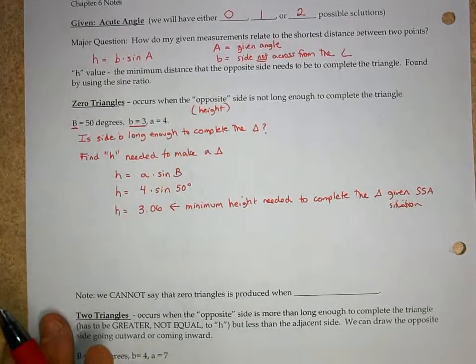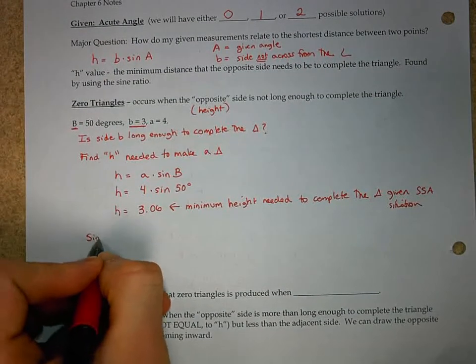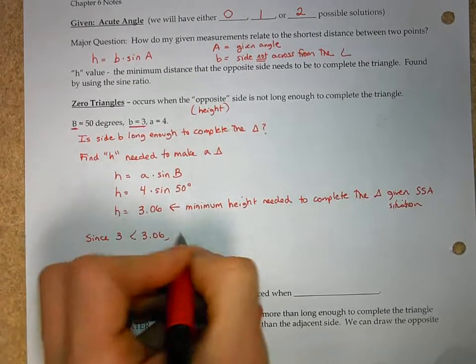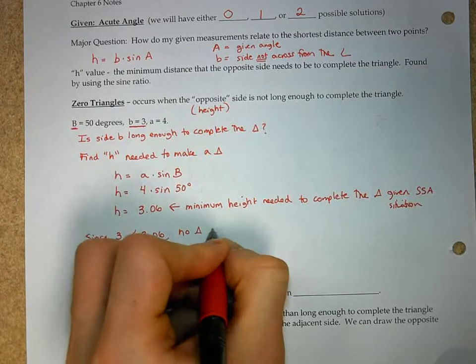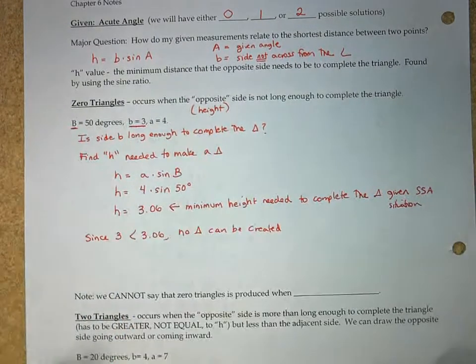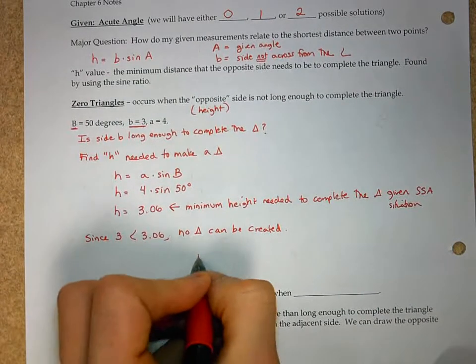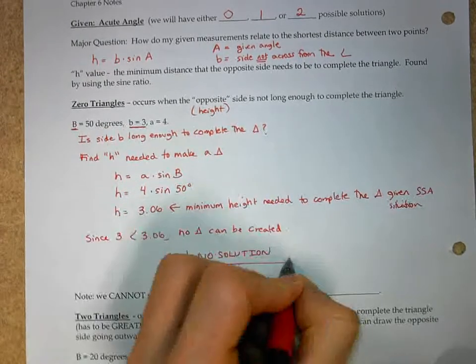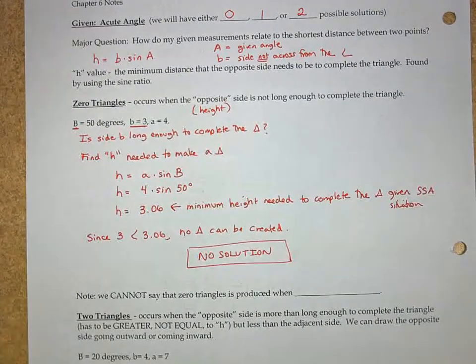B here is equal to 3, and I need 3.06. Since 3 is less than 3.06, no triangle can be created. So this one has no solution.